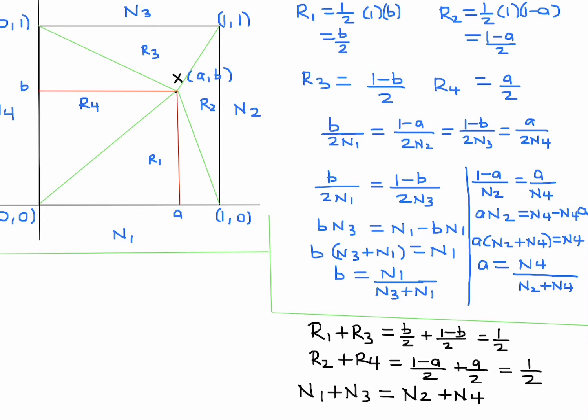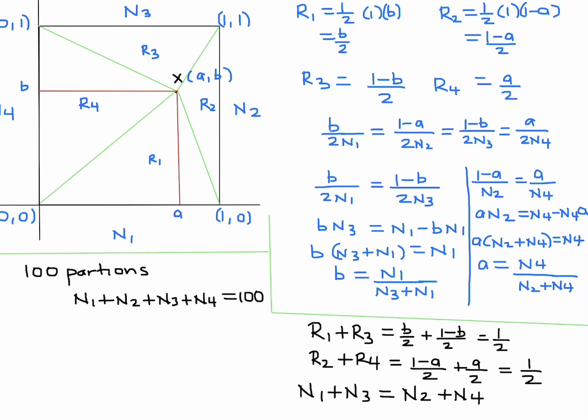We are told that we want to create 100 partitions. So that basically means that n1 plus n2 plus n3 plus n4 has to equal 100, right? 100 partitions for those 4 regions. Well, that's very helpful.